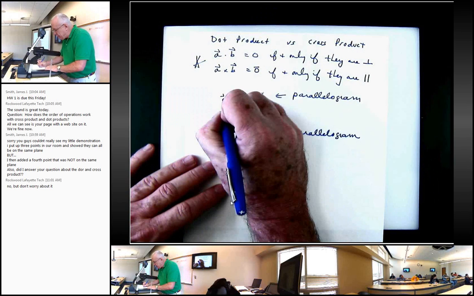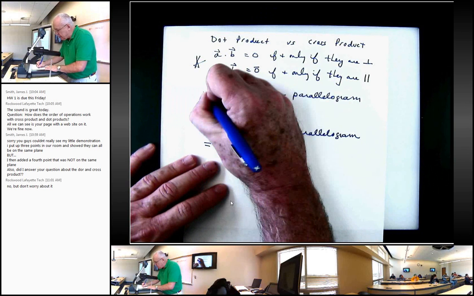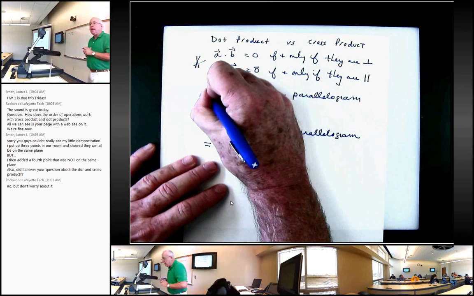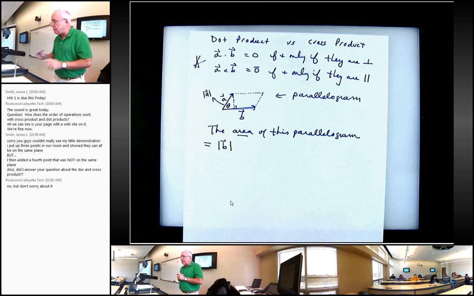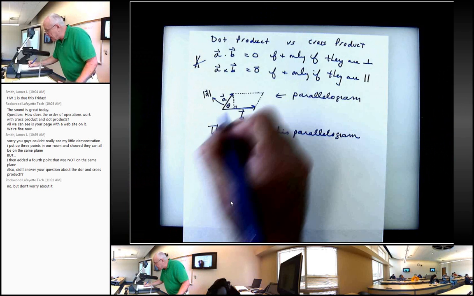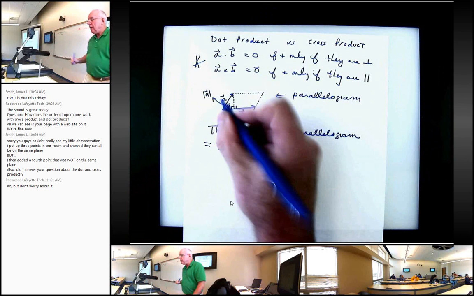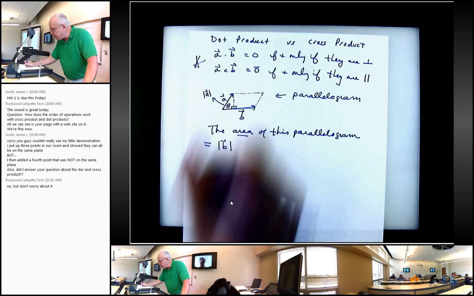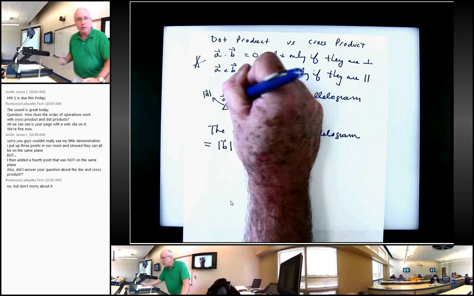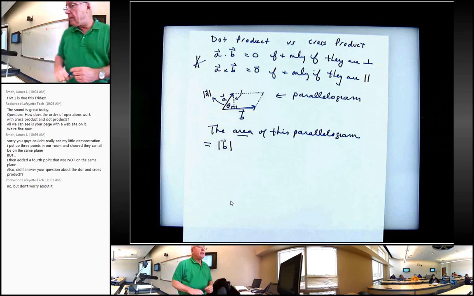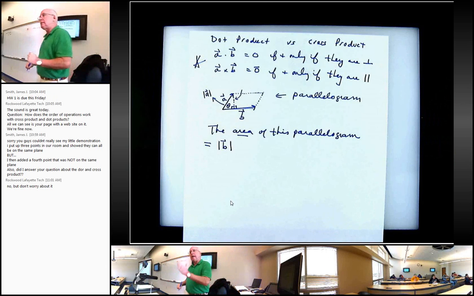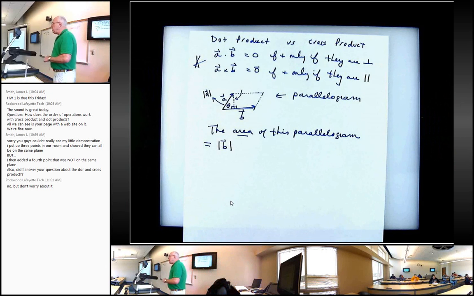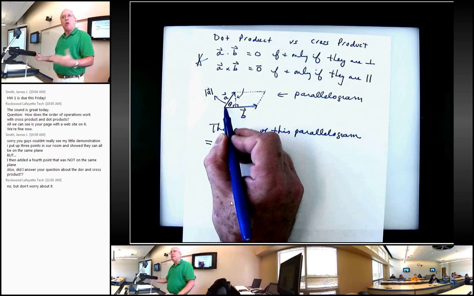The length of this line here, of course, is the length of the A vector. We can consider that like a hypotenuse. So how would I represent, using trigonometry, the length of that vertical line that's hitting the bottom at a right angle? Remember, our angle over here is theta.